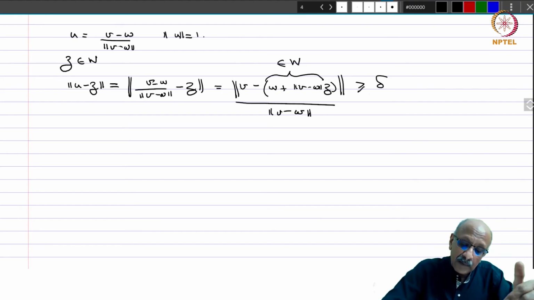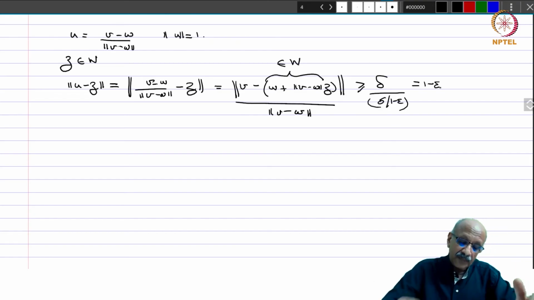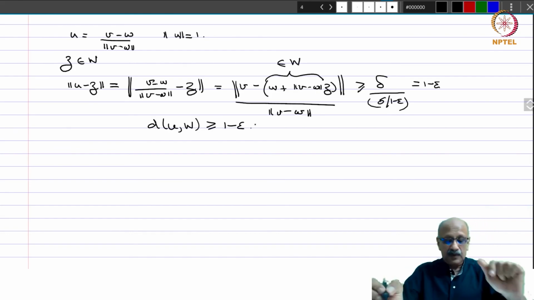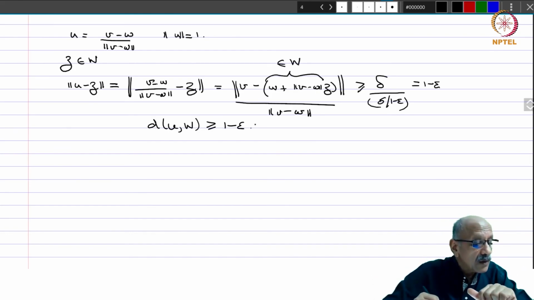Since it's in the denominator, this is delta by 1 minus epsilon, which is equal to 1 minus epsilon. Therefore, norm of u minus z is greater than or equal to 1 minus epsilon for any z in W. Therefore, d(u, W) is greater than or equal to 1 minus epsilon. So this is the proof.